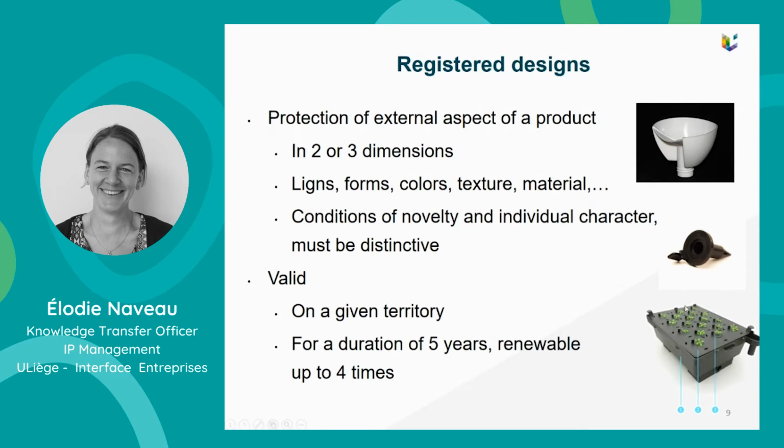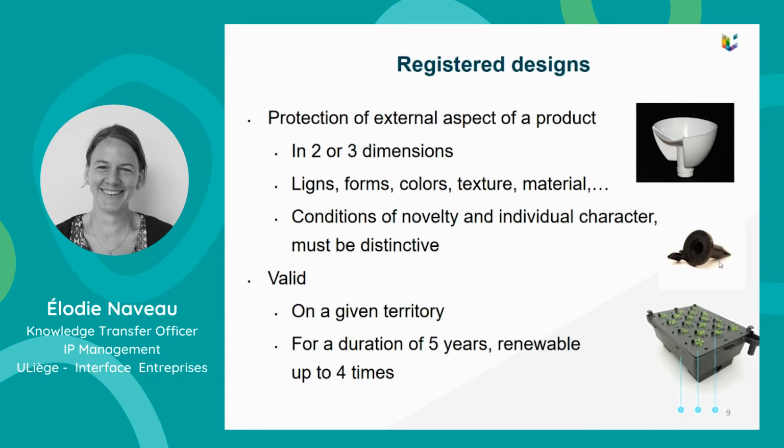A second example, also from the university, was several years ago, and I was not yet working here, but it is a specific object for the growing of plants, and the shape was developed in a specific way. So this was also protected by a design.